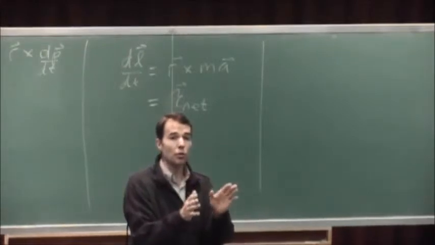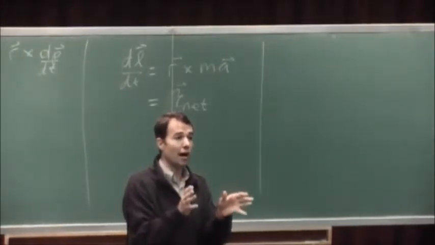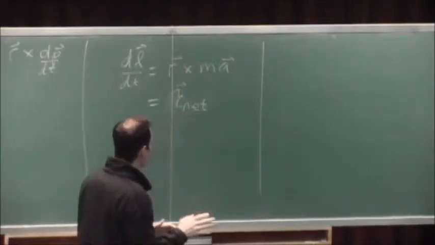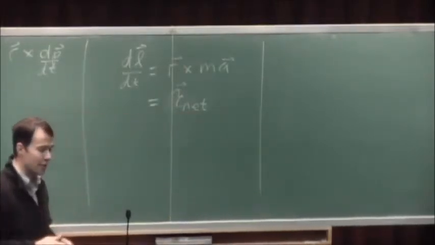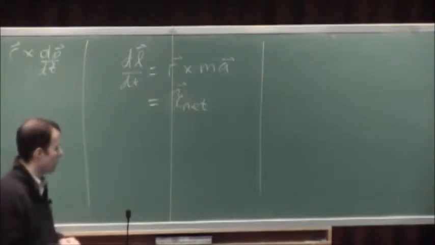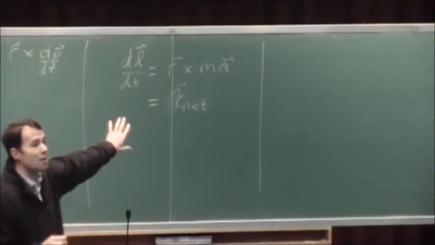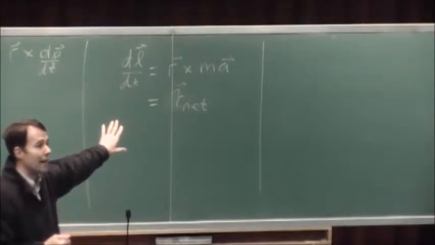Now that will give you the magnitude, and then you can find direction along that line. However, you can find direction by simply doing the right-hand rule.